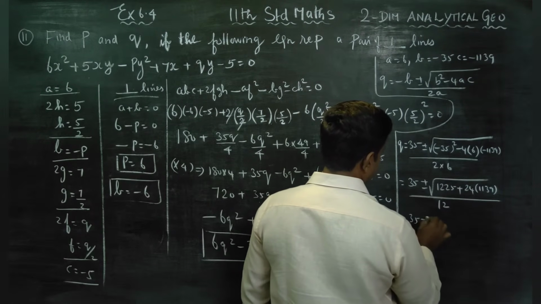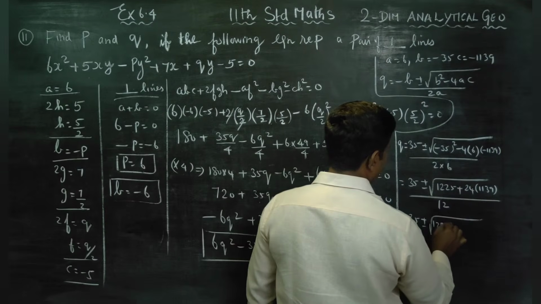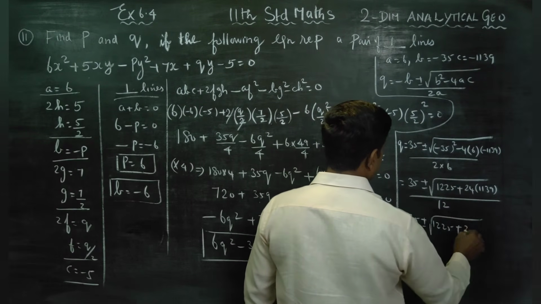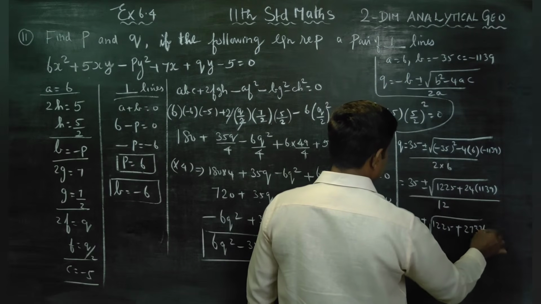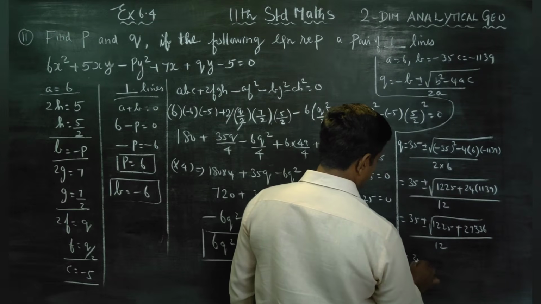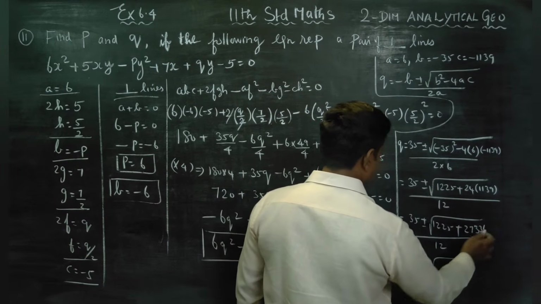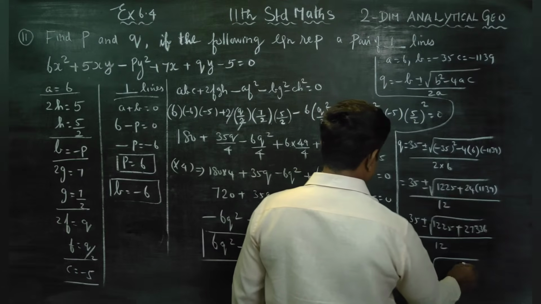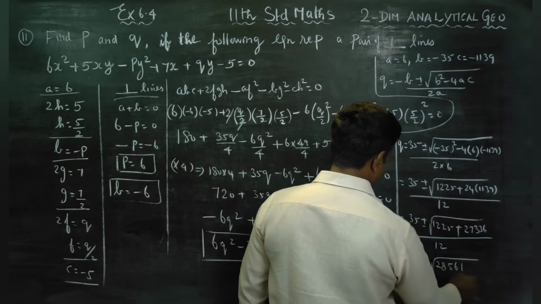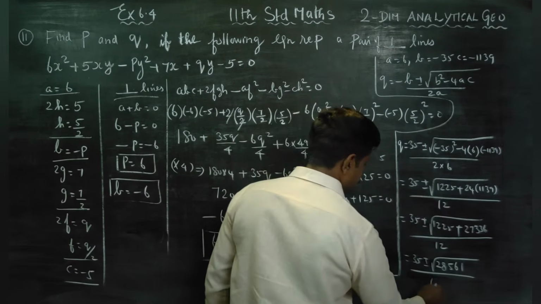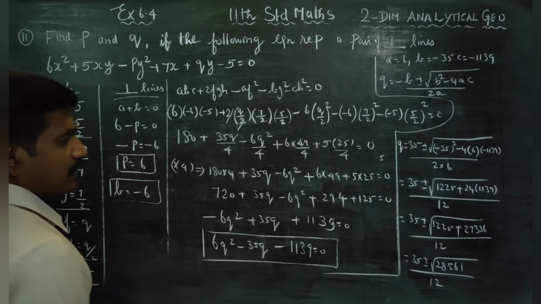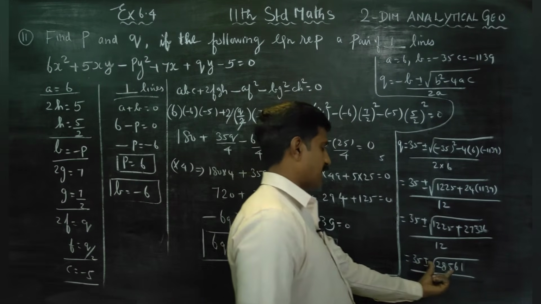So 35 plus or minus square root of 1225 plus 24 into 1139, which is 27336, all divided by 12. If you add this, it is 28,561, all divided by 12. If you find the square root of 28,561, the answer will be 169.